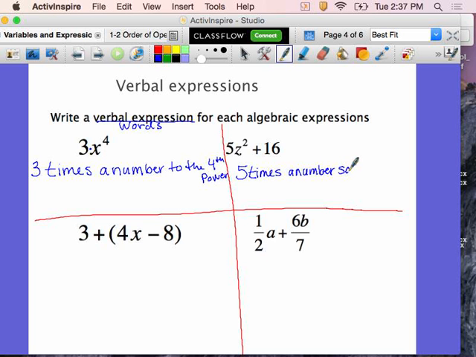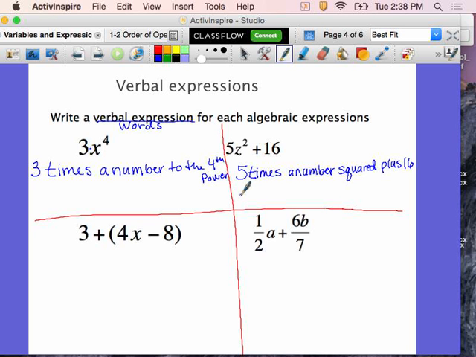Use your proper language, not to the power of 2, squared. And then you could say plus 16 or something like that. Plus 16. But you could also say 16 more than 5 times a number squared. You can get out your words chart or look behind you at the cabinet where all the words are that you can use.